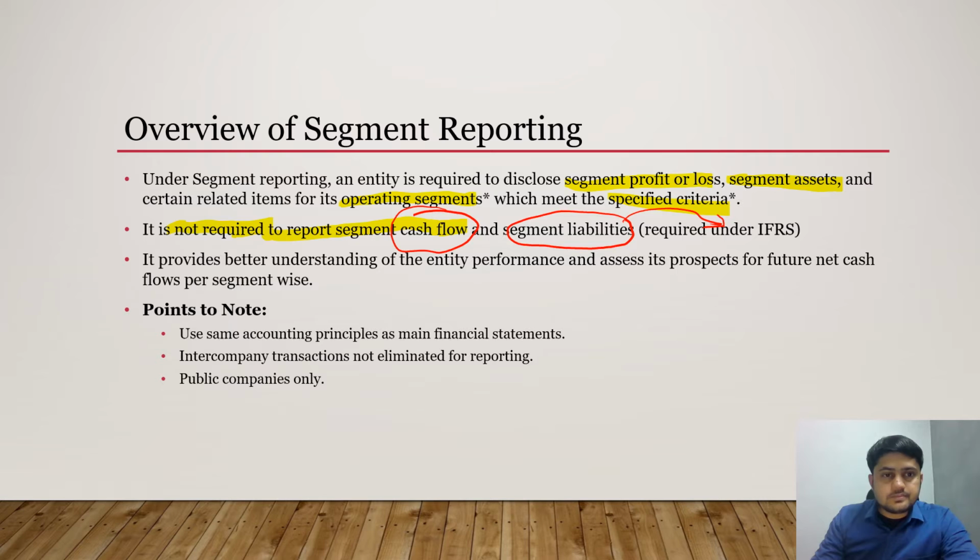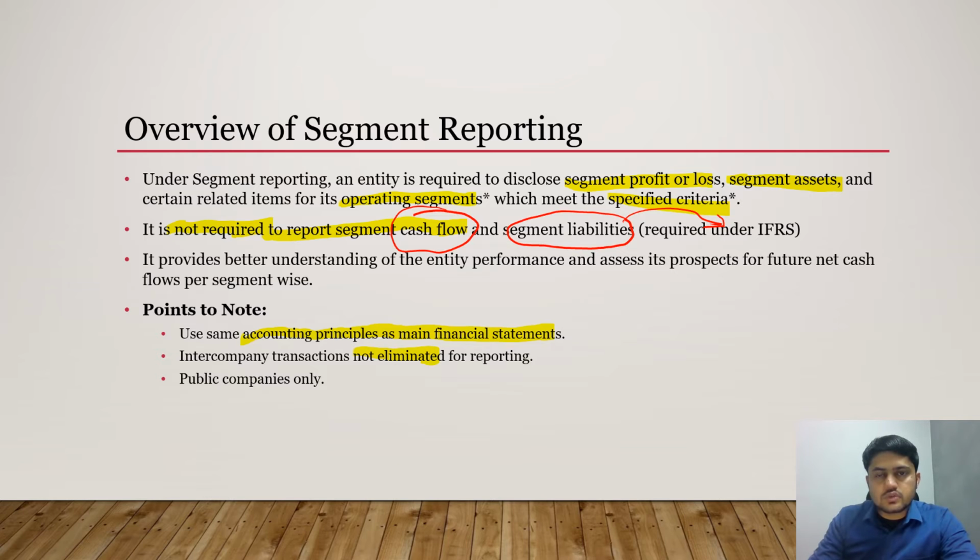Then points to note here: under segment reporting, the accounting principles should be the same as the accounting principles of the financial statements, and intercompany transactions are not eliminated. What is the meaning of this?